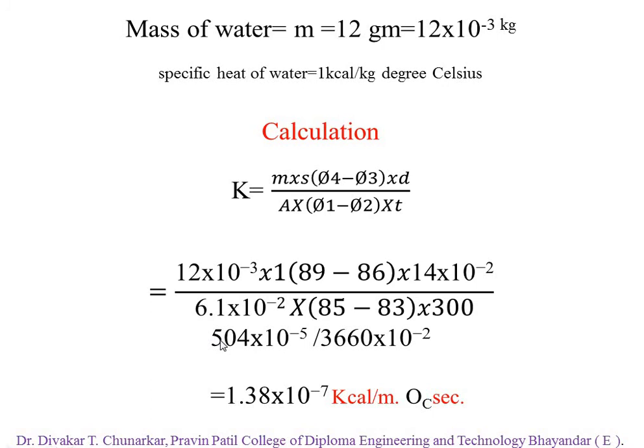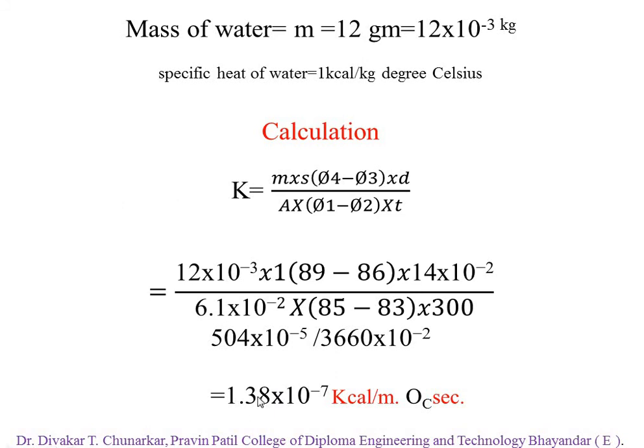So our answer is 504 into 10 to the power minus 5 upon 360 into 10 to the power minus 2. And after that, we have to divide 504 by 360.